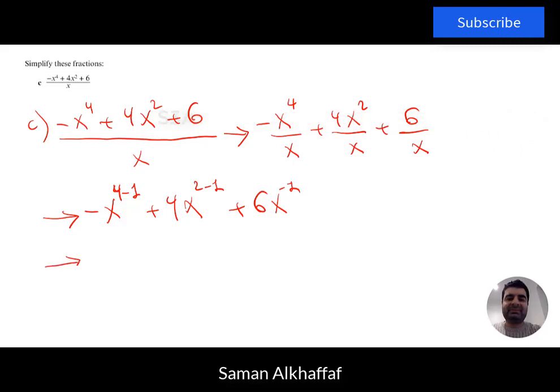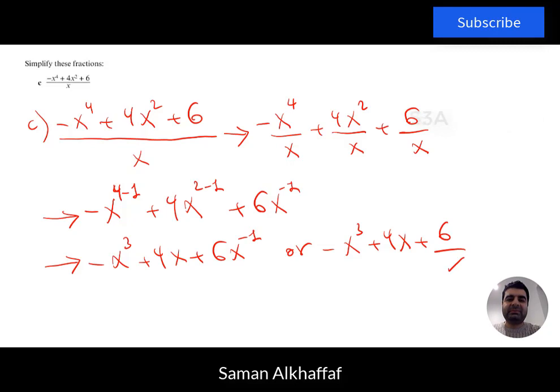Now to simplify the expression further, that can be written as minus x to the power of 3 plus 4x to the power of 1 plus 6x to the power of minus 1, or we can write it as minus x to the power 3 plus 4x plus 6 over x. So both answers are correct. It's just a different way of writing them.